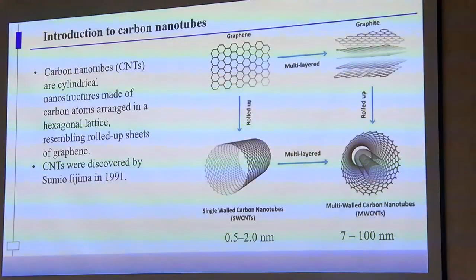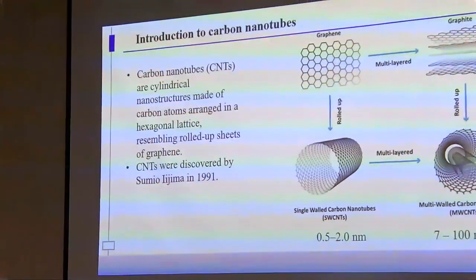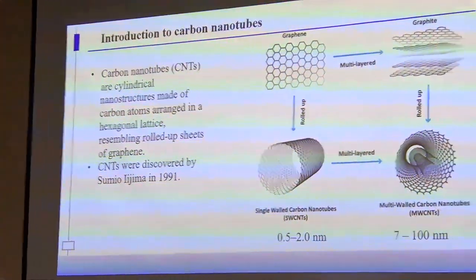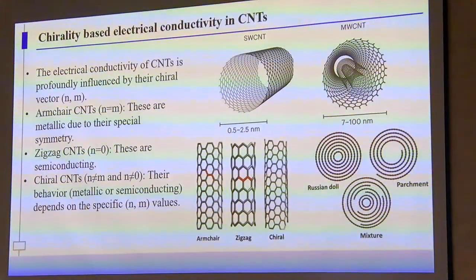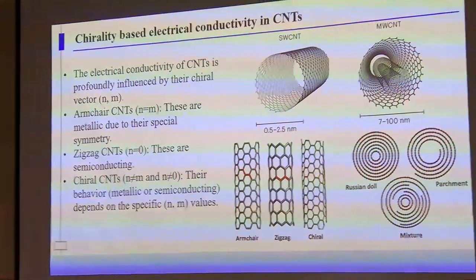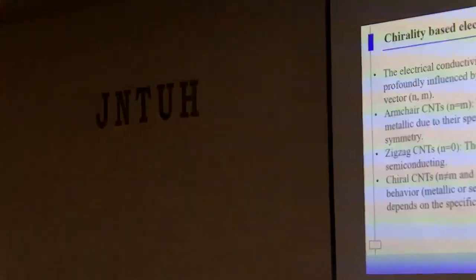And here the diameter is 0.5 to 2 nanometer for the first case, and 7 to 100 nanometer in the second case. Why are we talking about the different types of carbon nanotube here? Because single wall carbon nanotube may have different electronic properties depending on chirality.